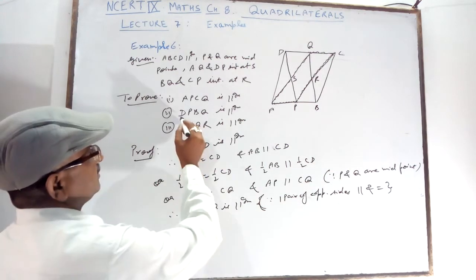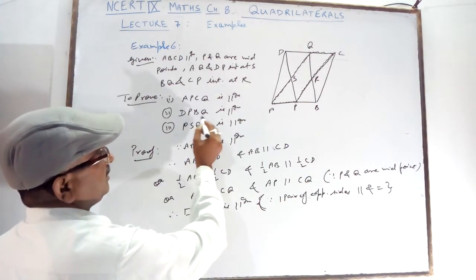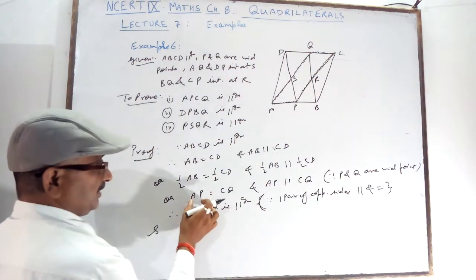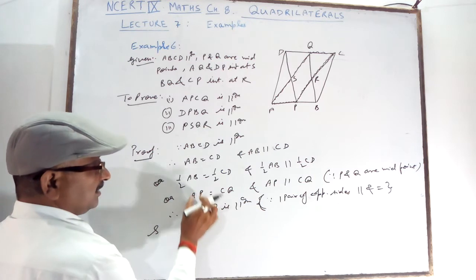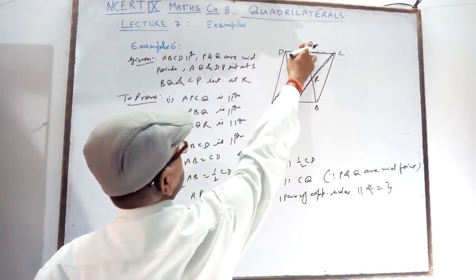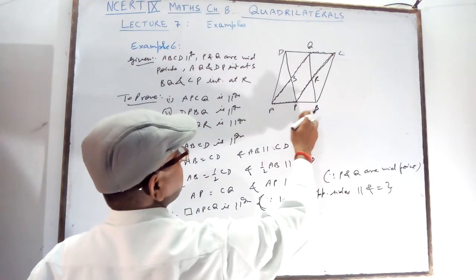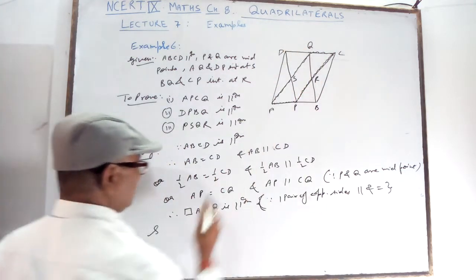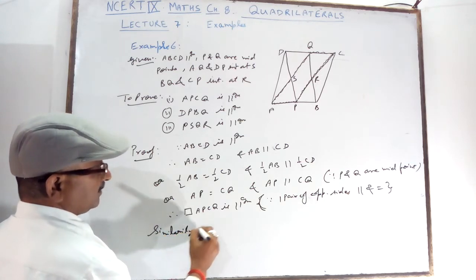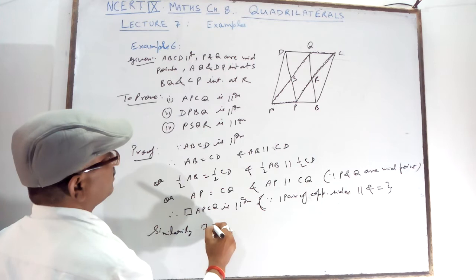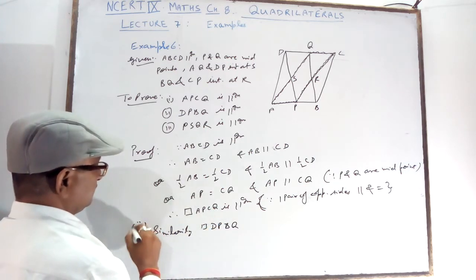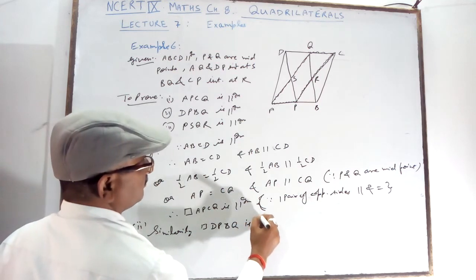Similarly, for DPBQ, the same condition applies; AP is replaced by PB, and CQ is replaced by DQ. So quadrilateral DPBQ, which is the second part, is a parallelogram.